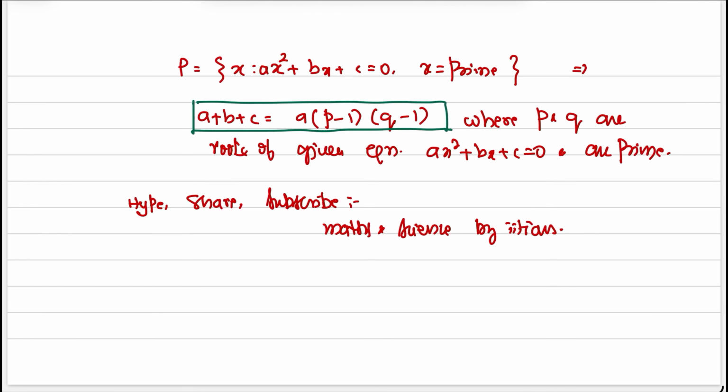That means we have to see mathematics on a holistic view and set theory on a holistic view. It's a typical example of set theory combined with quadratic equations and Diophantine equations.